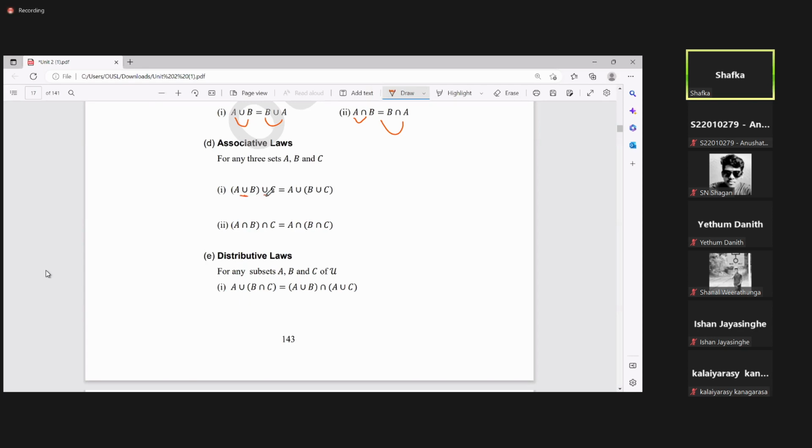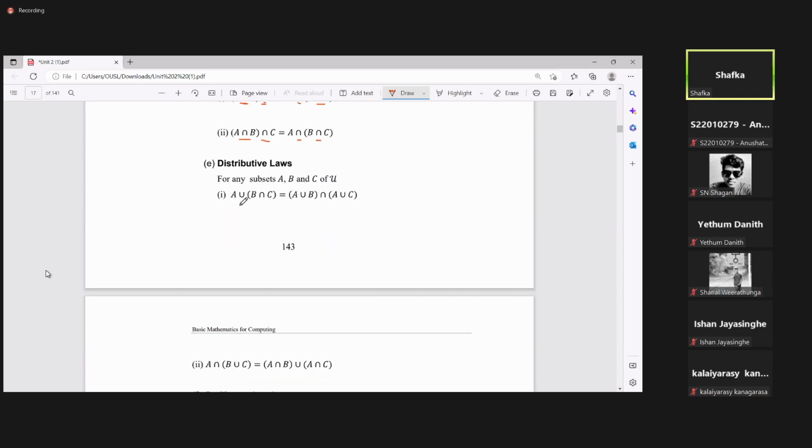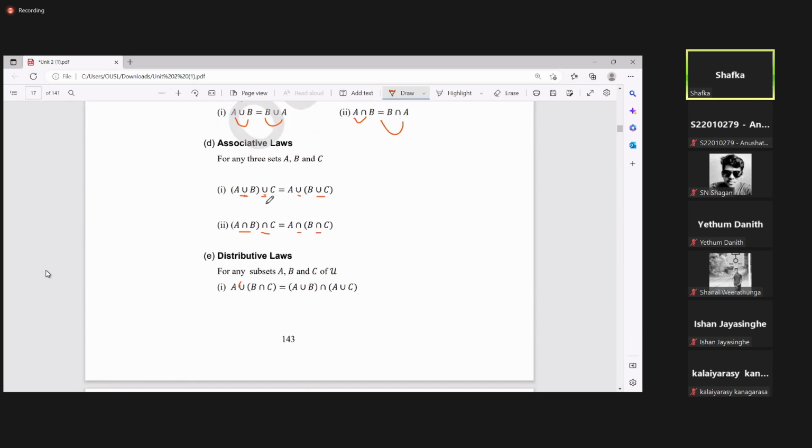Remember that they are the same operator. The second associative law is with intersection, again the same operator. Change the order of the brackets. And when it comes to the distributive law, can you see the difference between the associative law and the distributive law? There is a bracket, but we have two different operators, union as well as intersection.